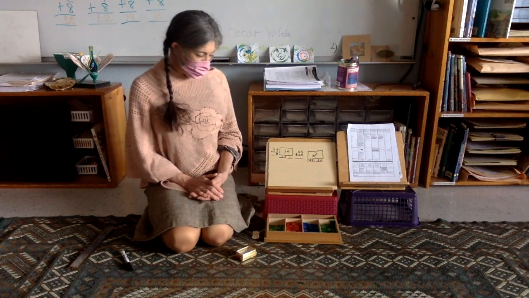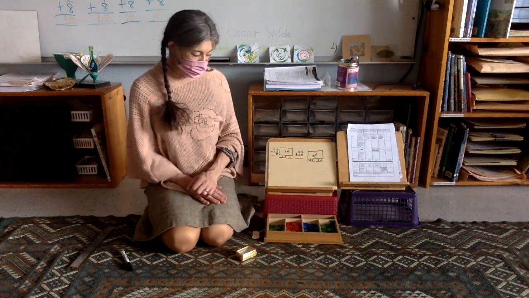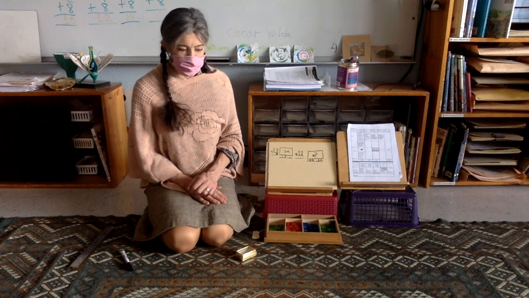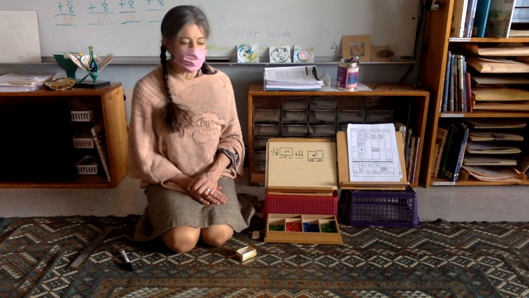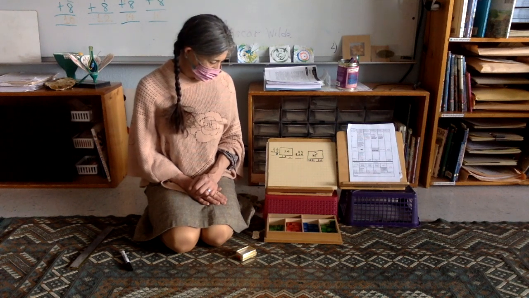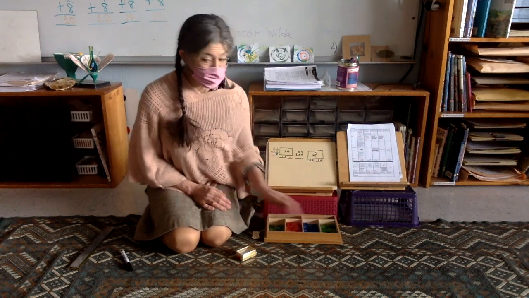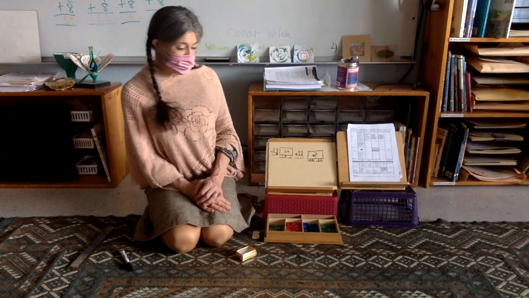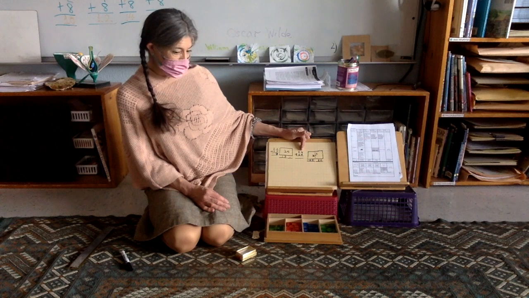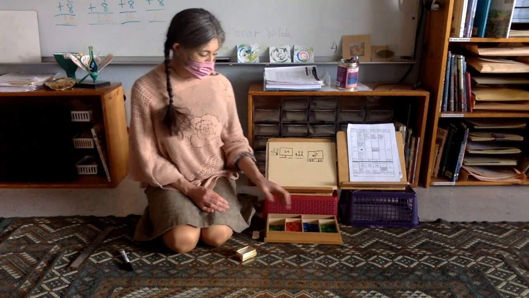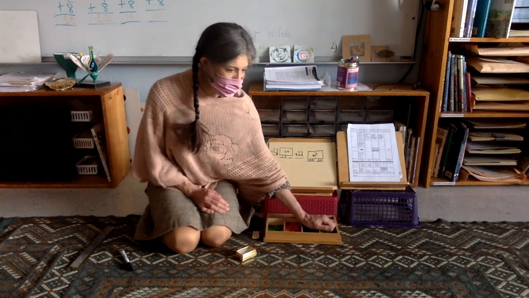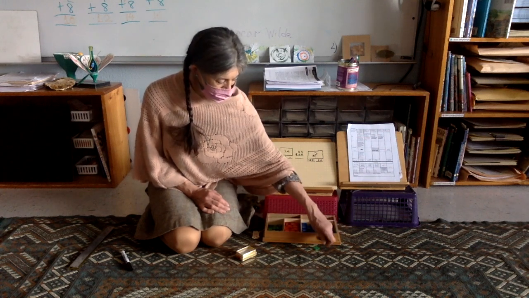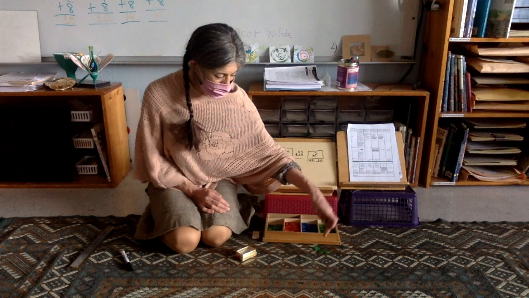Now I was silly and I put my towels away, but if you kept your towels out, you can just put 3 away and then you'll have 4. I didn't do that. Me either. So if you actually put your towel away, go ahead and get 4 units out for your 12 pattern. 1, 2, 3, 4.